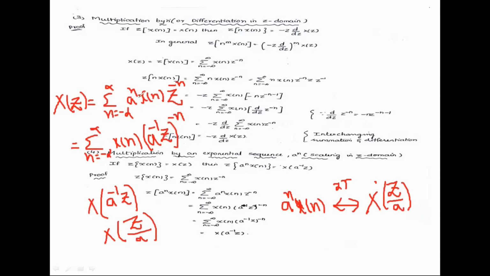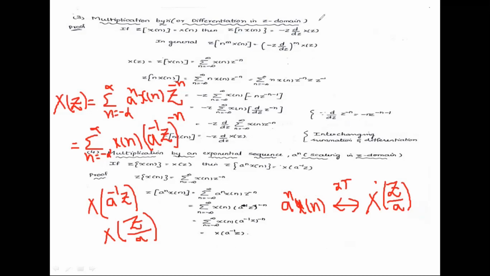Minus into minus is a plus, so it becomes a power n and z power minus n. Instead of z in the definition of the Z transformation, the inverse z is there. This is the scaling in the Z domain. How much is the scale? The 1 by a is the scale, whenever a power n is multiplied with the time domain signal x of n.